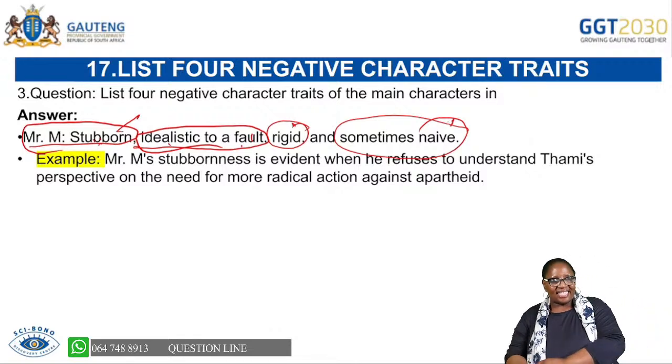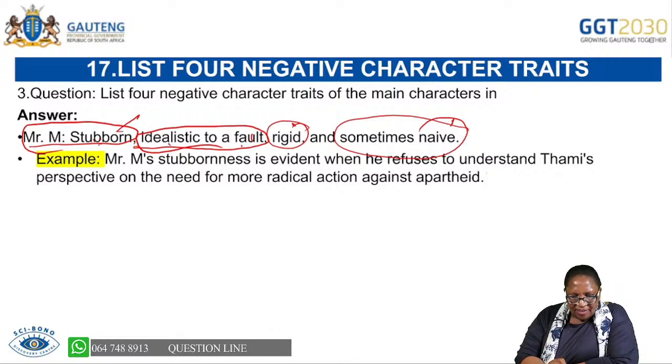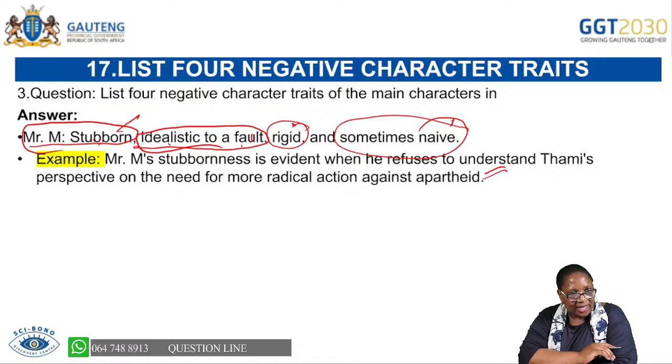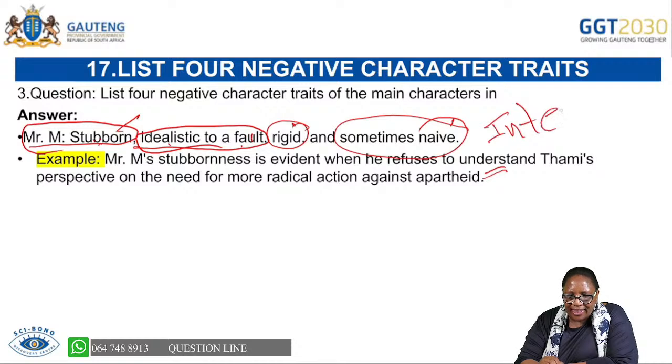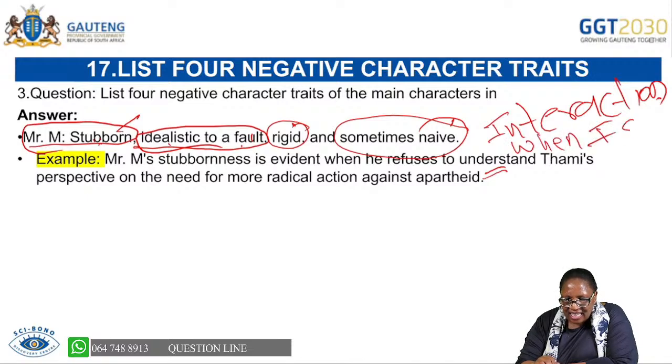When Tammy tells him, this is how we need education, we need freedom now, Mr. M is insistent that things are going to be done his way. Remember when he had an interaction with Isabel, where he said, when I say do this, and then what happens?